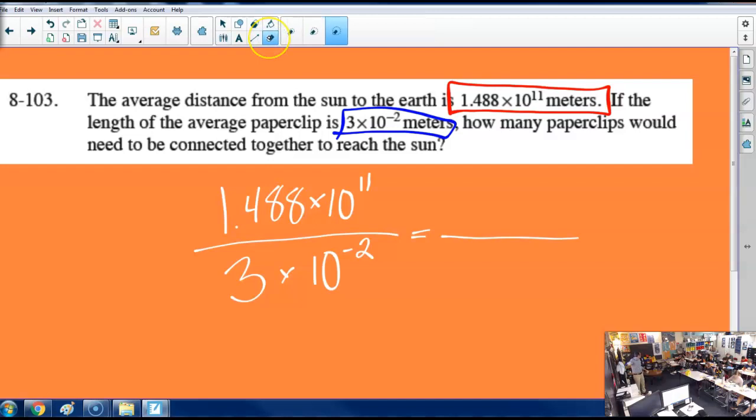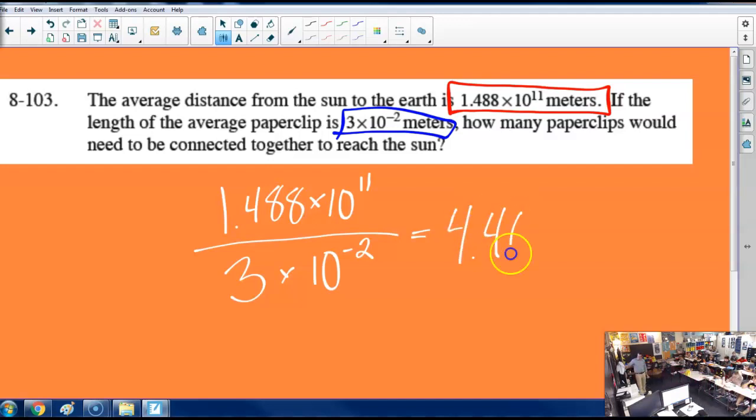Is it the right answer? Give me scientific notation. No! I'll just fix it.